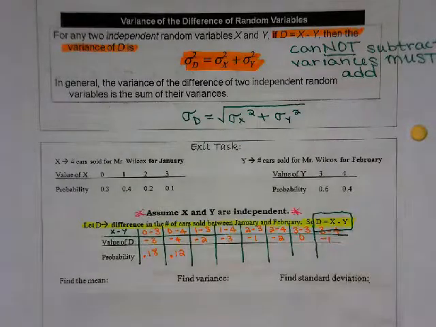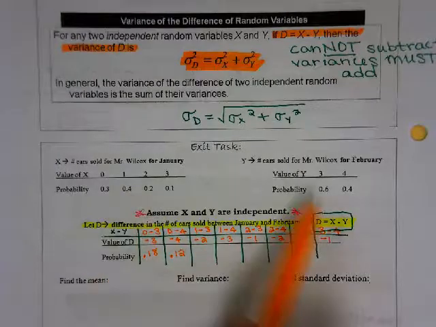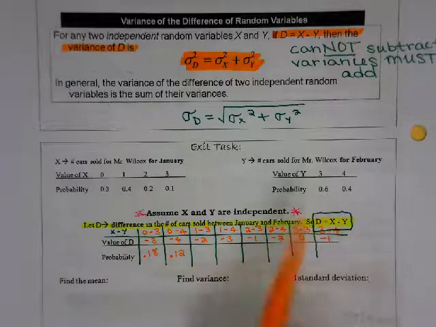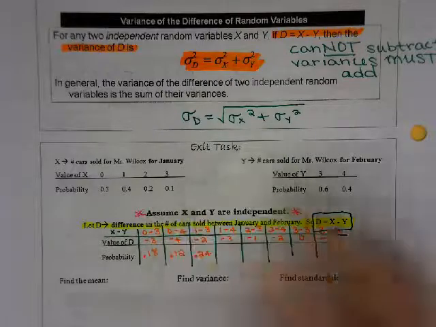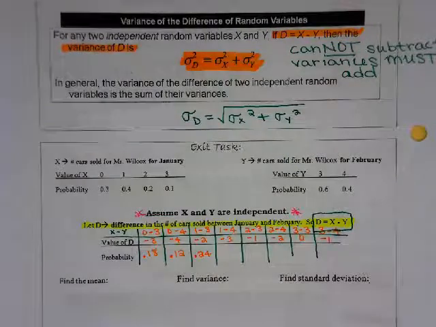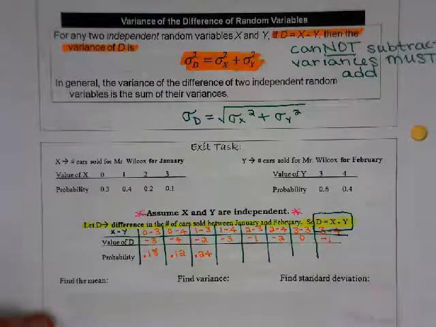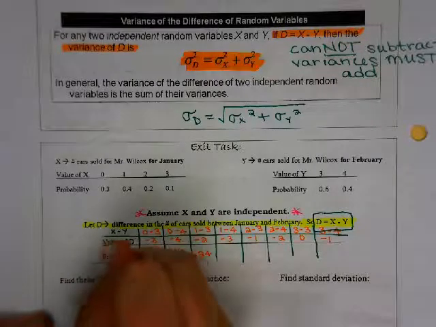Do you guys want me to write below how I'm getting those probabilities? I am just multiplying them. But since it's the first time that we're doing a difference problem, I thought, kind of like how I showed where I got my values, it might help to see where I got my probabilities.